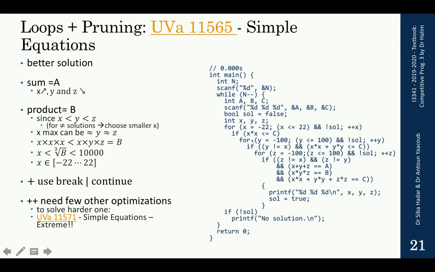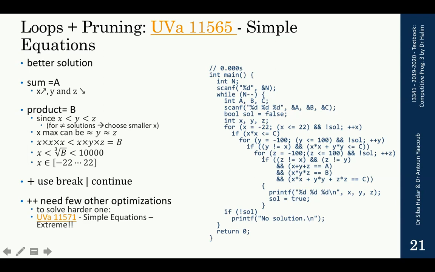And then after the second nested for loop, I also continue pruning to see the same thing: if x times x plus y times y is still less than c, because if it's greater than c, I have to stop. This is not a feasible solution.